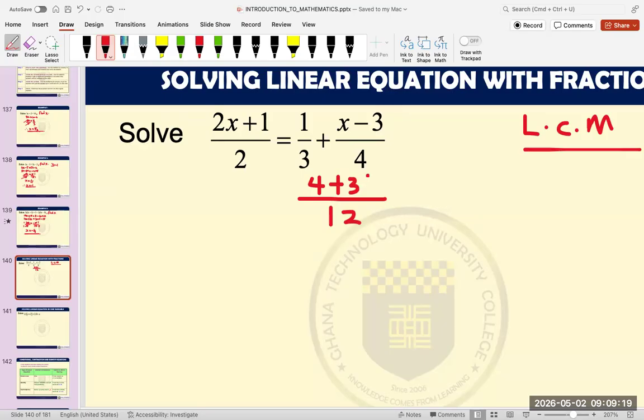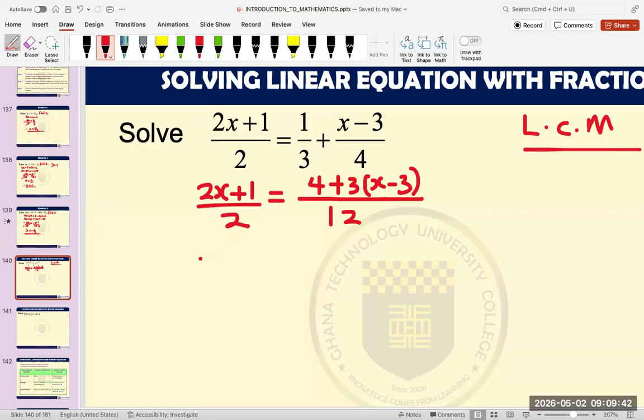3 multiplied by x minus 3. Like this. Is equal to the left-hand side, 2x plus 1 divided by 2.